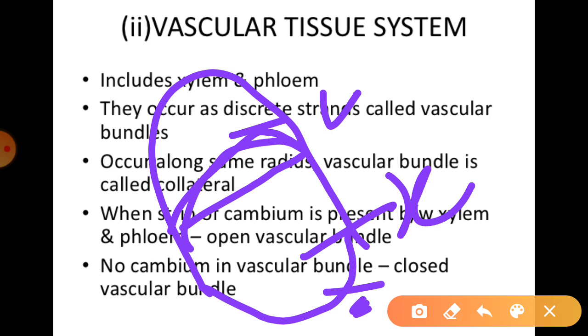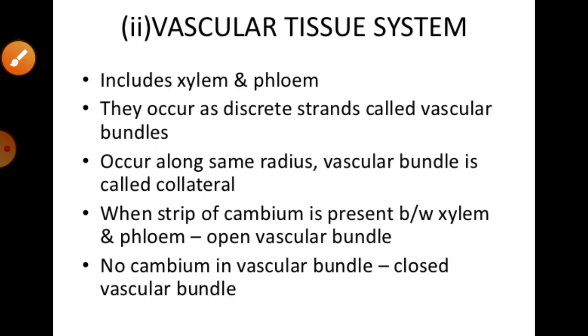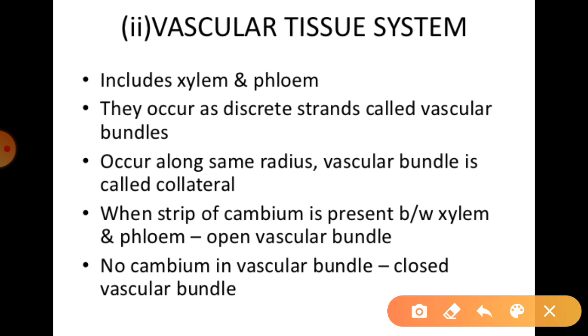Right, and if we talk about these collateral, the open and the closed, generally in the dicot stems, the cambium is present between the xylem and phloem. Such bundles are known as open, right? Especially in the dicot plants.